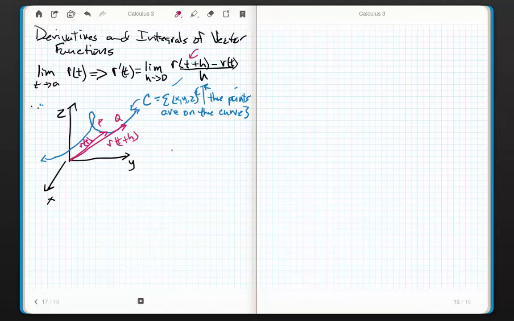Just like if you remember how we did derivatives before, here was x, this is h, this is x plus h. So what we did is we moved over h, and this was x, f of x, and this was x plus h, f of x plus h, right?